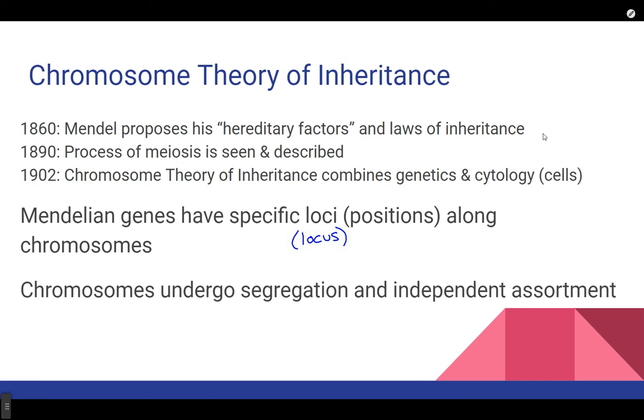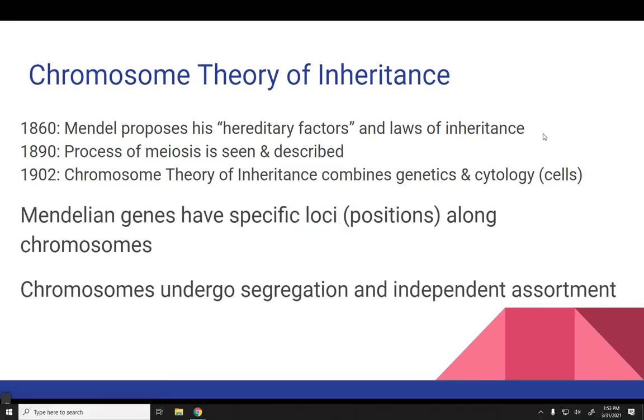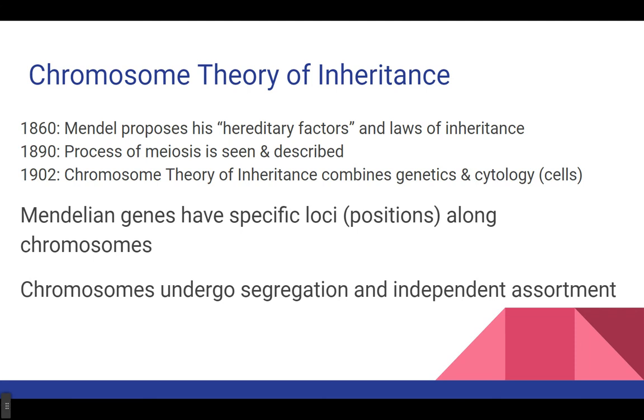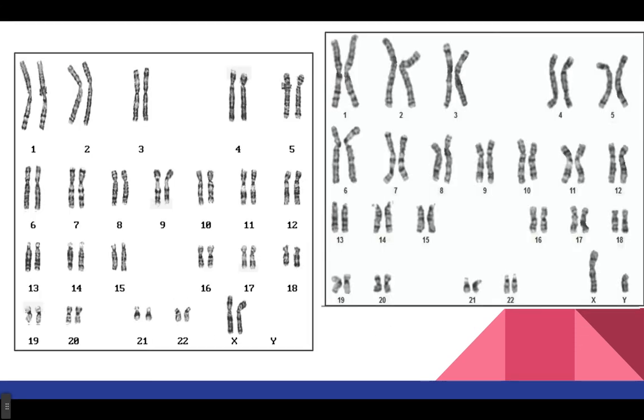And the chromosomes and the genes on them are sorting independently, meaning whichever copy of chromosome 1 goes in this cell and that cell doesn't have any effect on chromosome 14, right? They're each just doing their own thing. So it took Mendel's ideas to the next level and started filling in some of the molecular stuff that he didn't know.